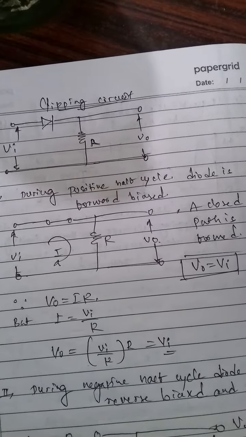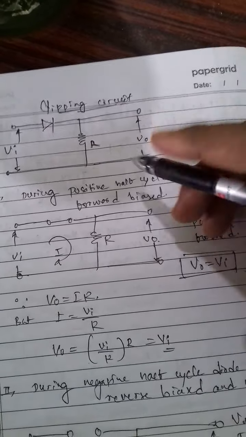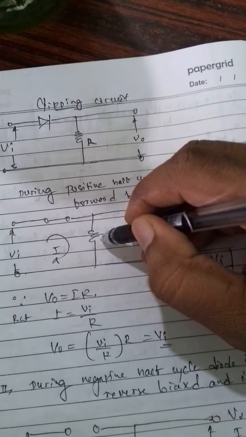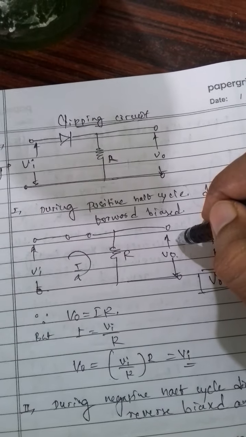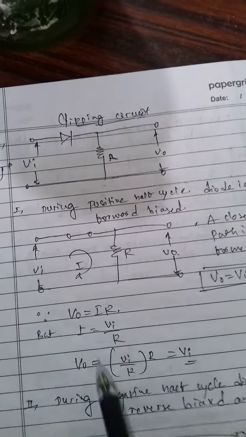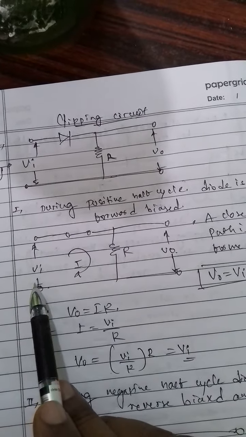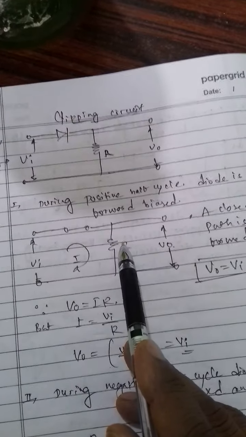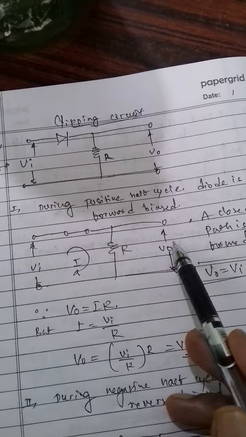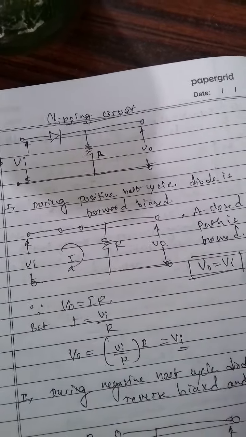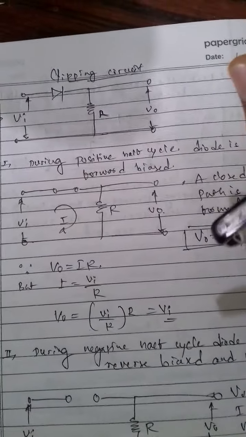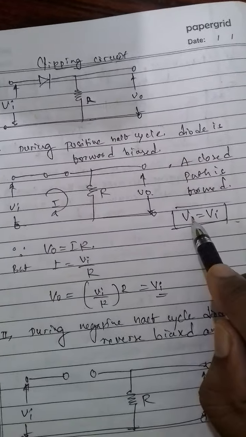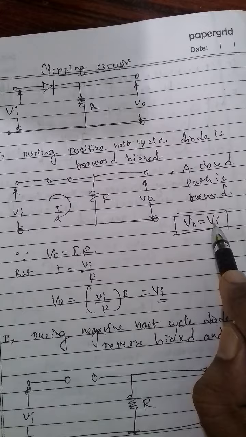The drop of voltage across this resistance is equal to the output voltage, and at the same time, the input voltage is equal to the drop of voltage across this resistance, so the output voltage is equal to the input voltage when the diode is forward biased.